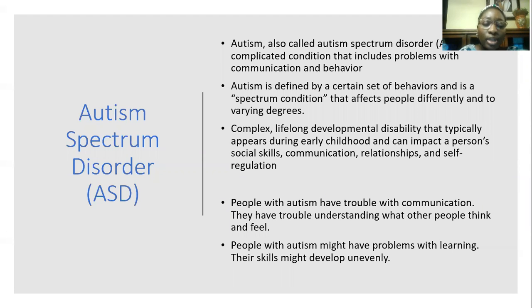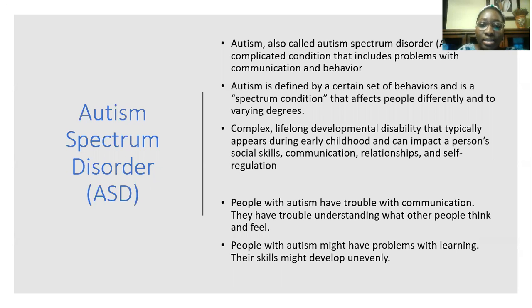Next, the second disability that we have is autism spectrum disorder, ASD. Autism is a complicated condition that includes problems with communication and behavior. It is defined by a certain set of behaviors, and it affects people differently and to varying degrees.